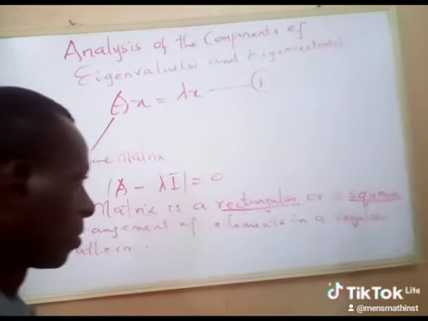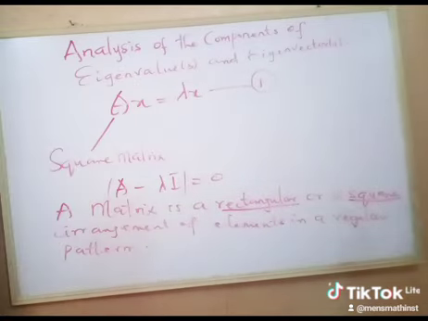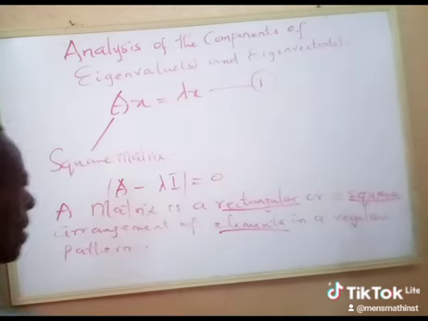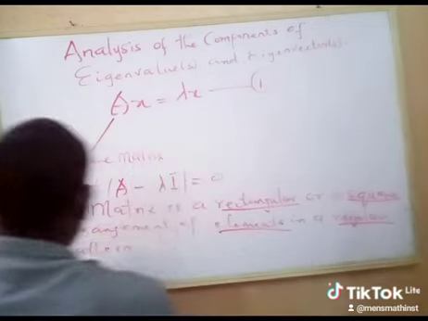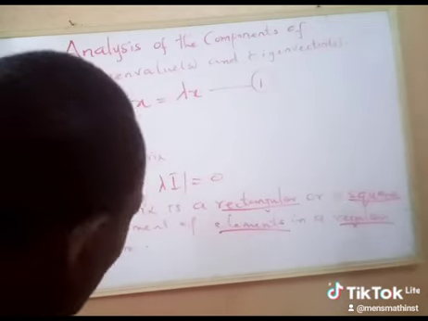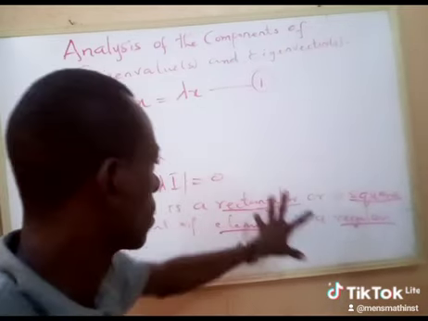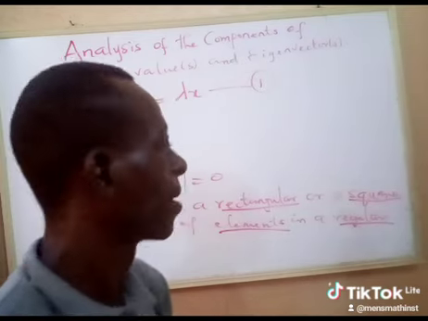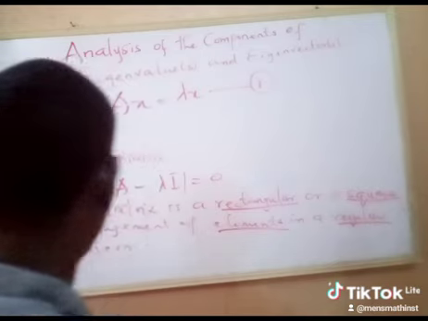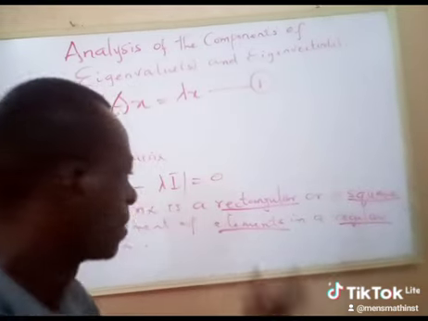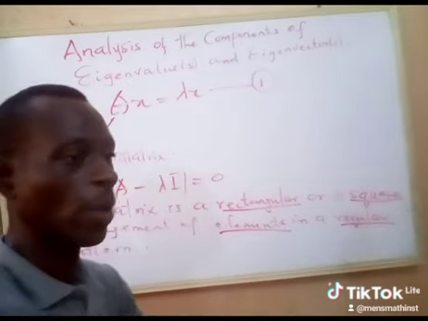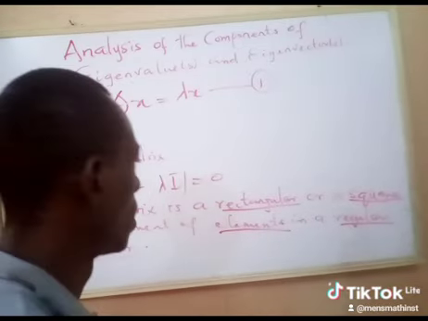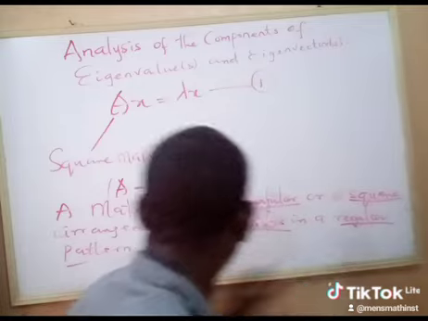When we talk about 2D, and we also talk about elements, and the fourth one, regular pattern, these are the properties of the matrix. It is either a rectangular shape or a square shape, and another property is that it must have elements, which are the entries in that rectangular or square shape, and it must be in a regular pattern.